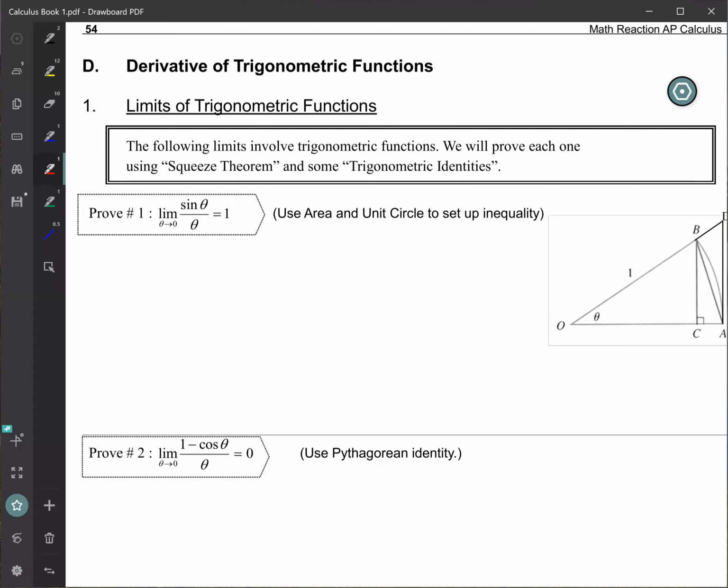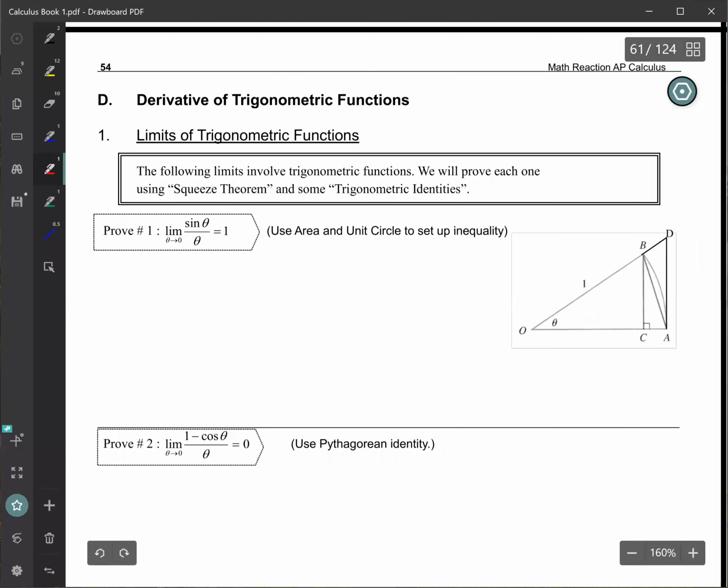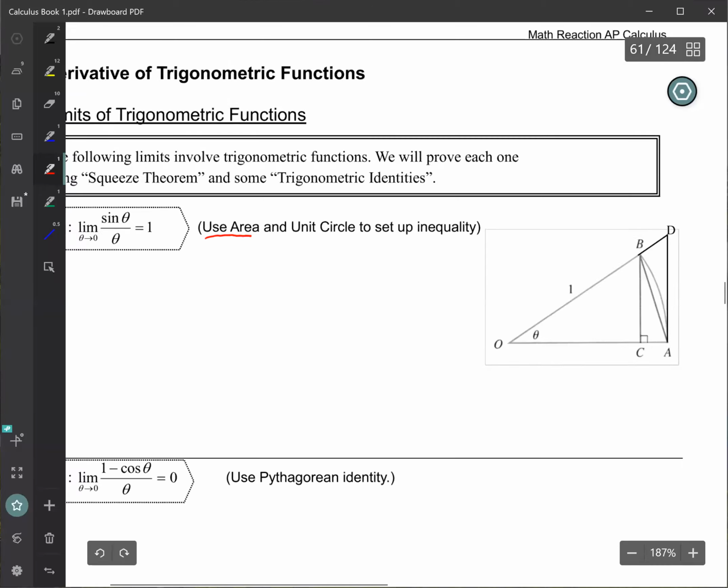So that's why the divide will equal 1. The way to prove this, we're going to use area. If you have different colors of pen, it's going to help here, because this picture is quite confusing. A lot of lines here.